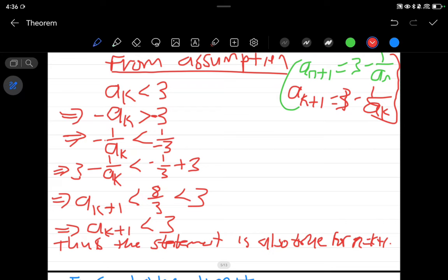Then I say hence, they said we should deduce if it converges, right? a of n converges to 3. You see, right?